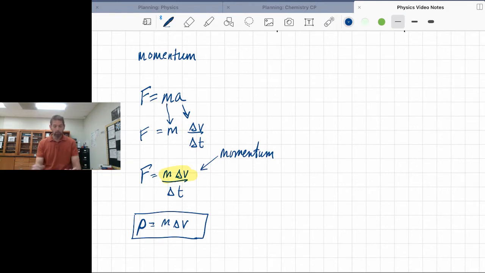And so you can see here that when there's a force applied, that mass will begin to speed up per some unit of time. As you apply a force, the mass will speed up per some unit of time.